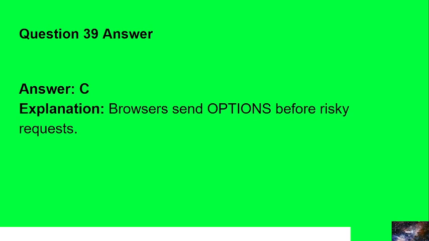So the browser sends a quick request to check and validate whether a particular or suspected request should be sent. Then the server sends back whether to send it or not.